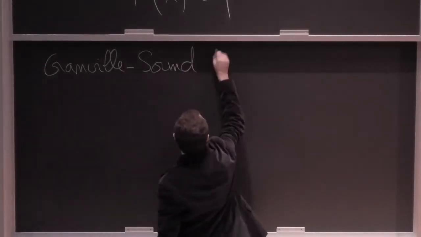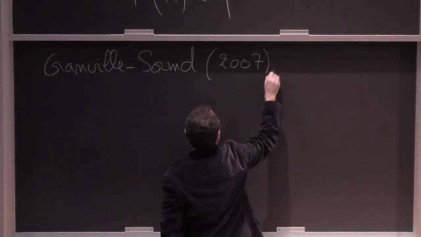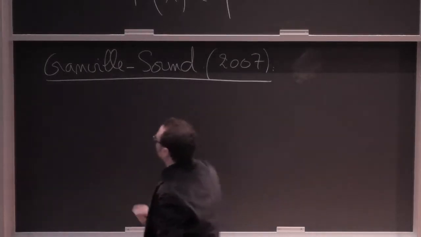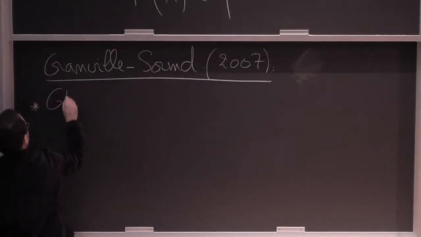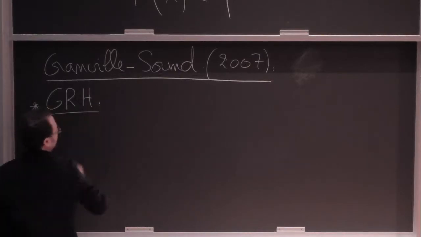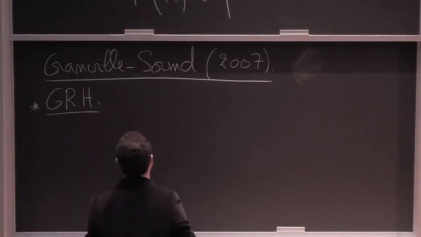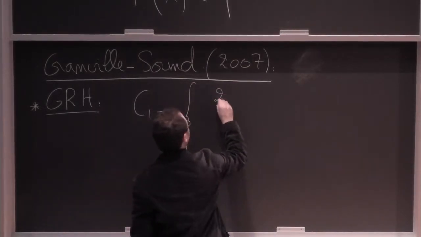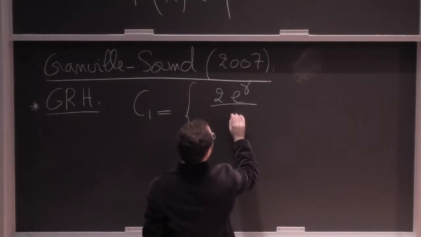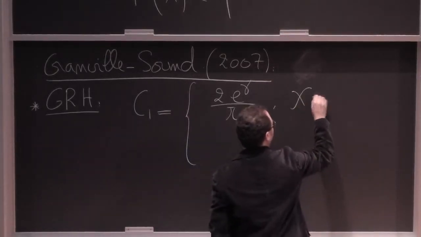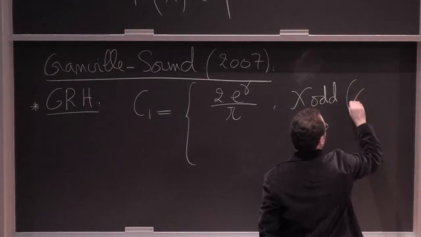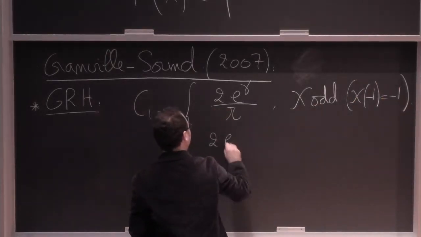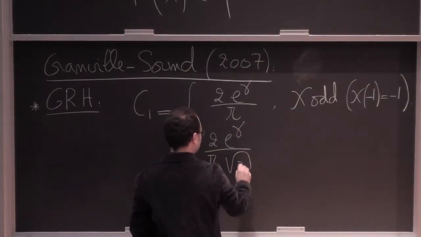What they proved is, if you assume GRH, then you can take the constant in Montgomery and Vaughan to be the following, depending on the parity of chi. So C1 is 2e^gamma over pi if chi is odd, meaning that chi of minus 1 is minus 1, and 2e^gamma over pi squared times the square root of 3 if chi is even.